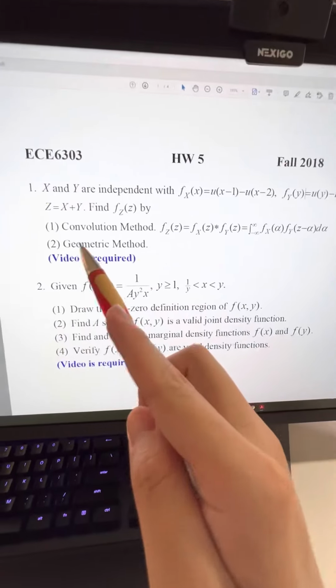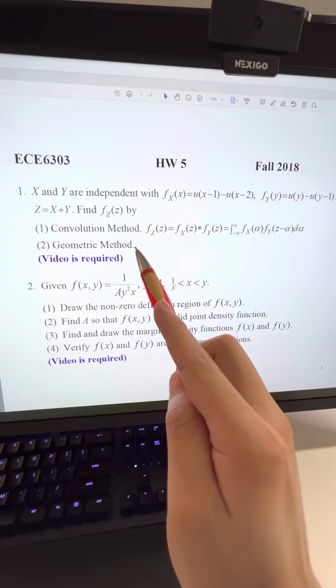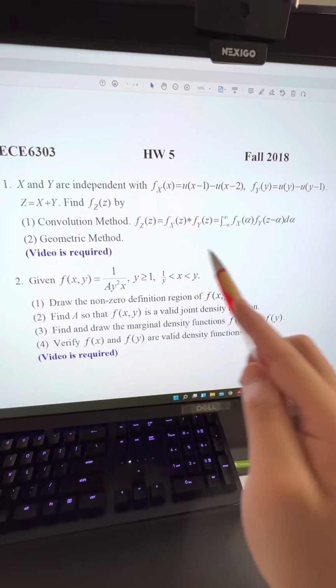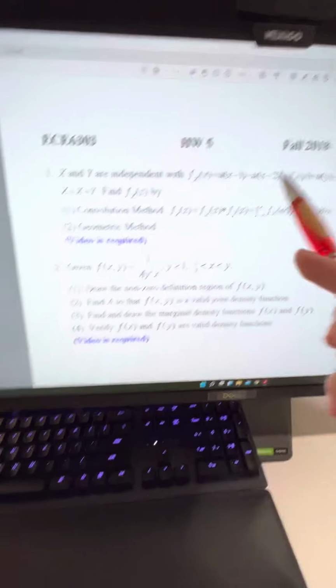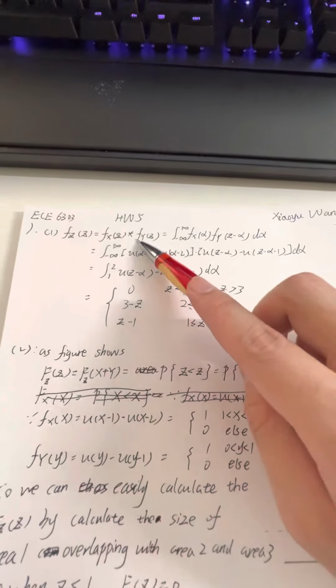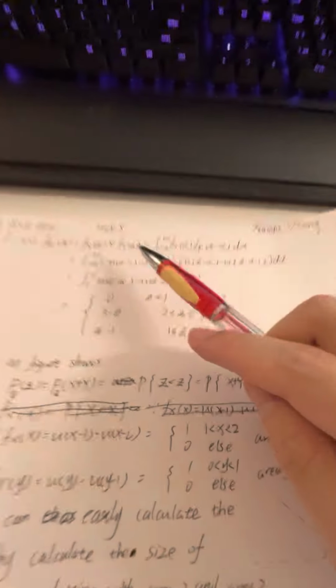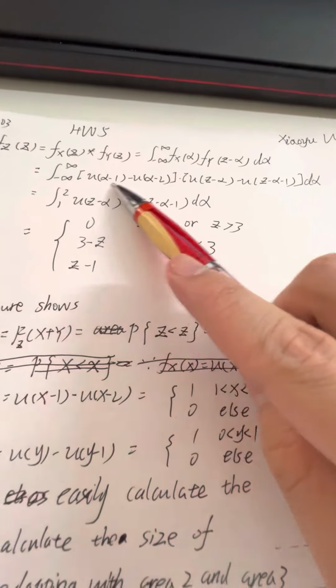First, it is a convolution method. It is easy, as we can directly calculate using this expression. We use the functions provided by the question, and we get a result like this.